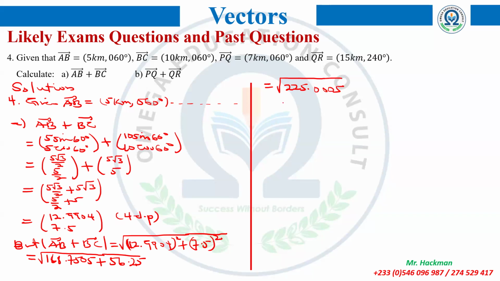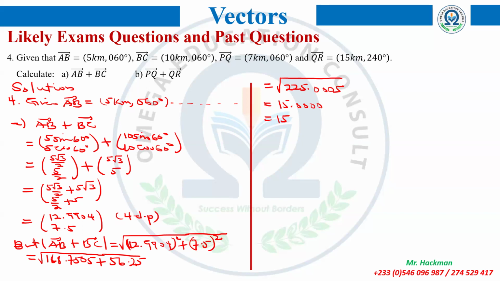The root of that will give us 15 point something, approximately 15. I want confirmation. 15.0000. So in actual fact, you are going to get 15. And can I end with just 15?